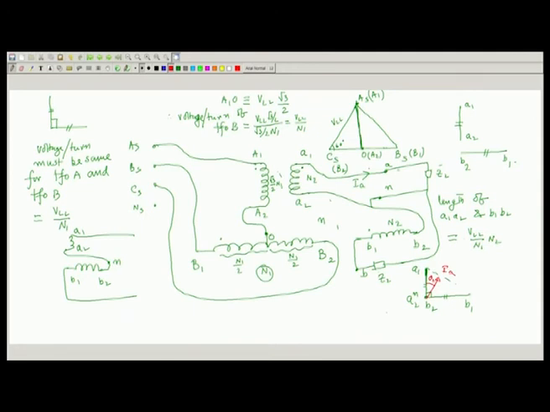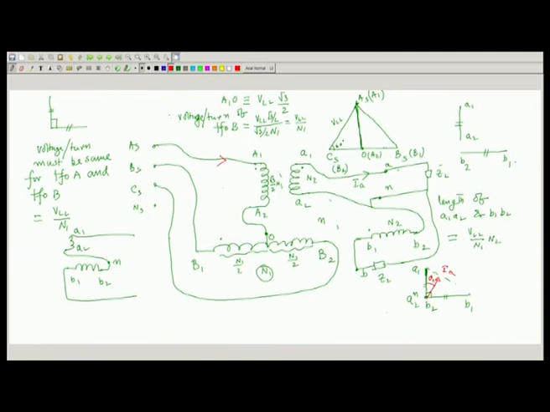What is that? Voltage ratios are in the ratios of turns. Similarly, if through the dot a current comes out, its primary will draw additional current through the dot, whose magnitude will be I A by turns ratio of this transformer.